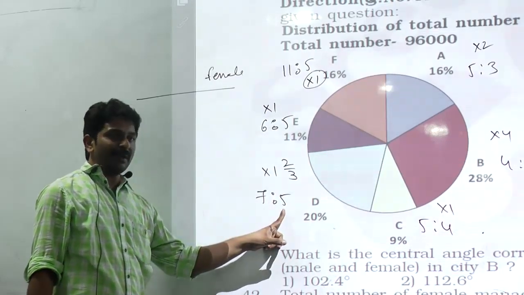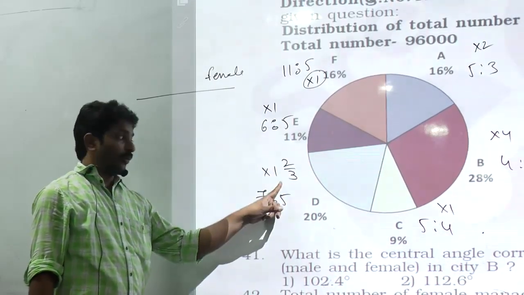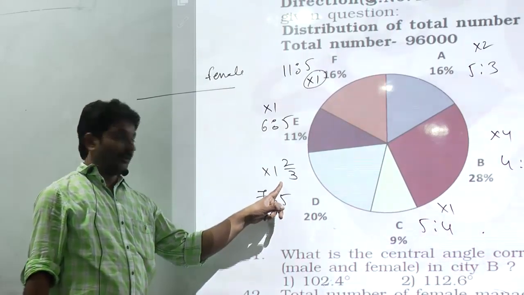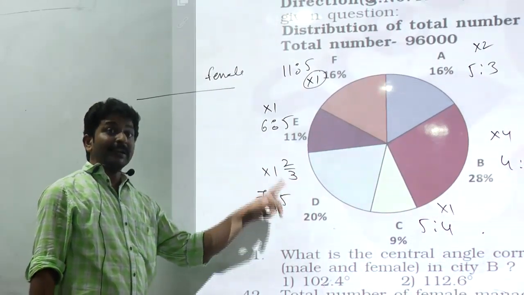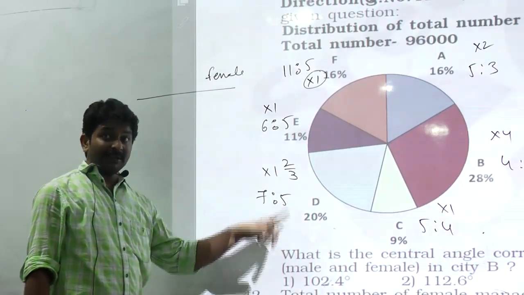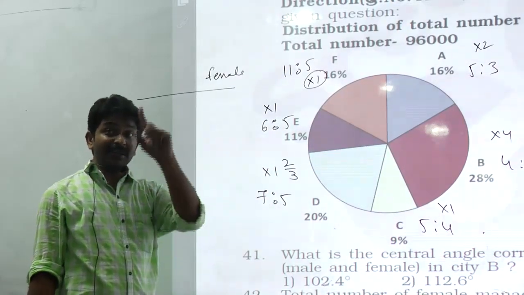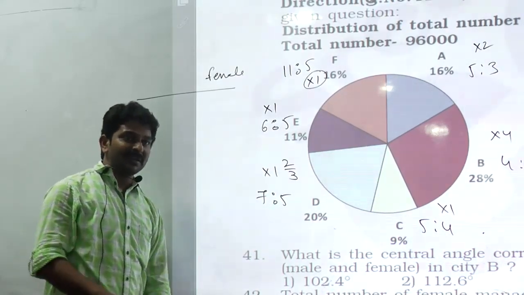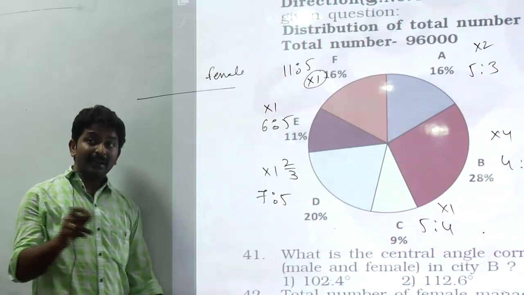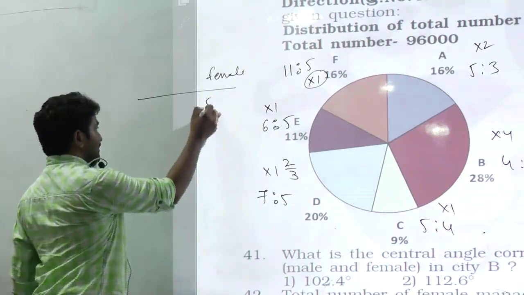You are asked about female. 5 1 time 5, 5 into 2 by 3, 10 by 3, that is 3 1 by 3. So 5 plus 3 1 by 3 in the sense 8 1 by 3.